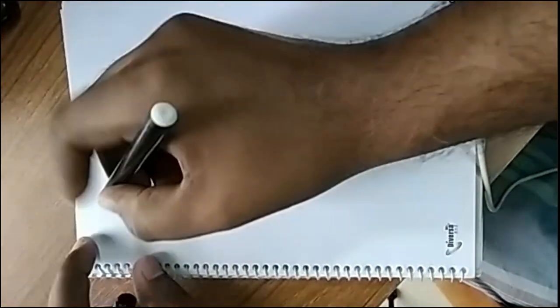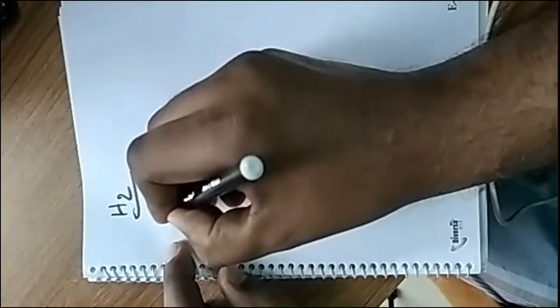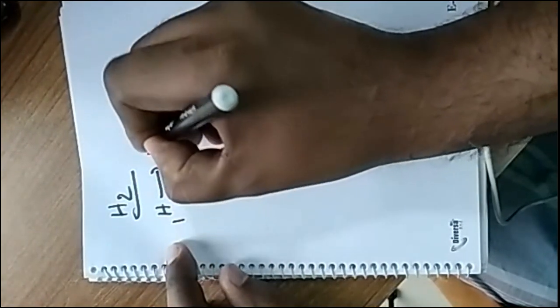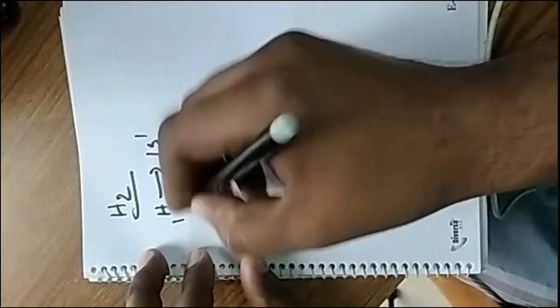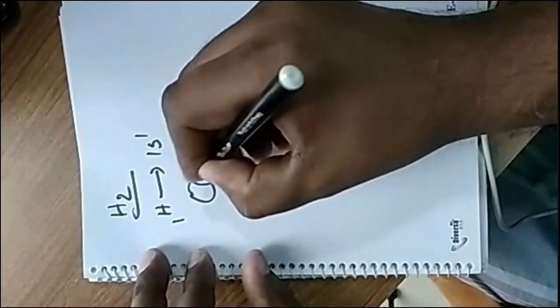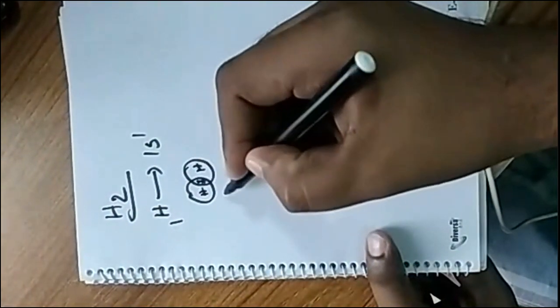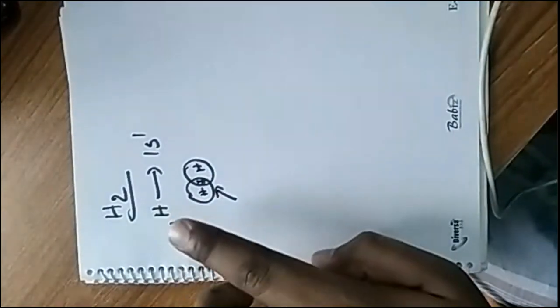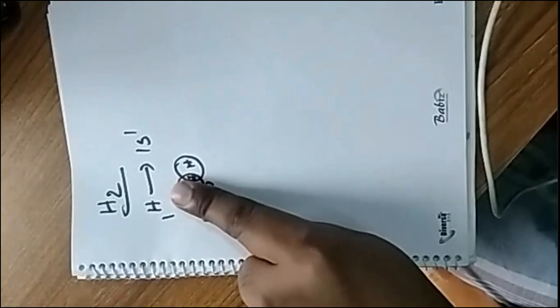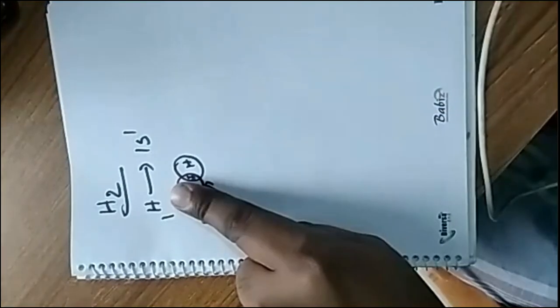Suppose we are talking about the hydrogen molecule. Is it clear to you? Sir, the atomic number of hydrogen is 1. If two hydrogen atoms attach to each other, when this type of bond is formed, I have shown it in my presentation. You can say both the electrons belong to this hydrogen atom, and if you put a finger here, then you can say both the electrons belong to this hydrogen atom.